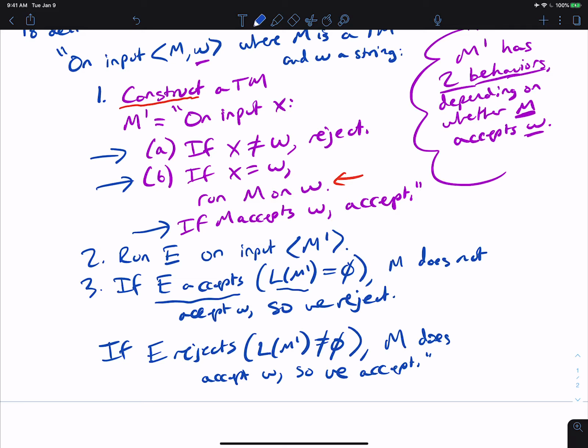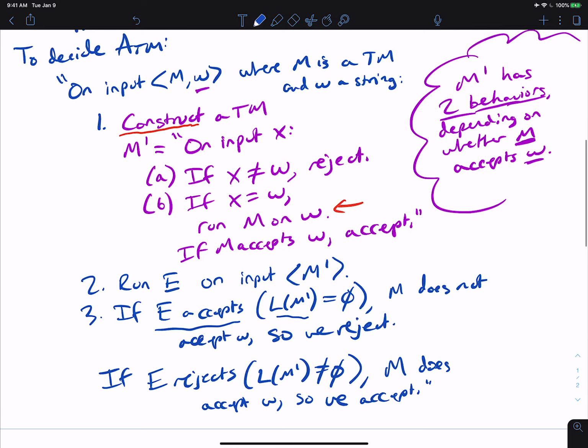And it is possible that we achieve the opposite answer that the machine E says. So we could finagle the M prime machine to do the opposite, but here we happen to get the opposite. So let's just run through this again.